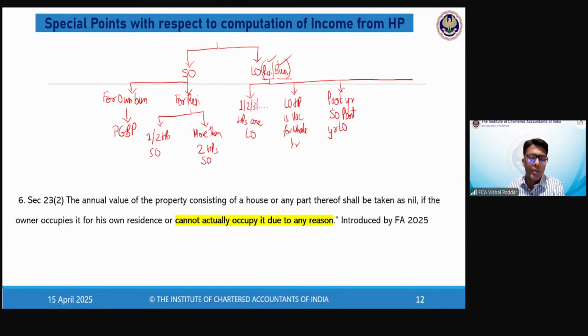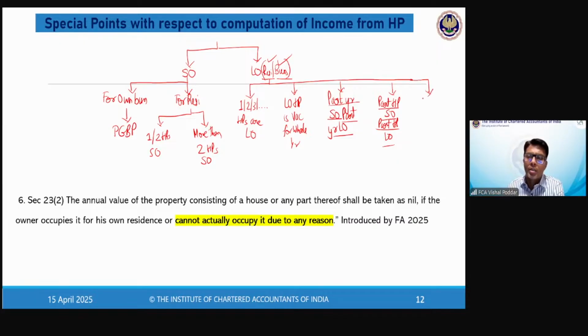This is the example I gave: for the first 4 months you are staying in that HP, thereafter you shifted to another HP, so this was let out. And then part HP self-occupied, part HP let out. Let us say you have a 4 BHK flat in which 2 rooms you are keeping for yourself, 2 rooms you are giving on PG. So for part HP, 2 rooms are self-occupied, remaining 2 rooms let out.